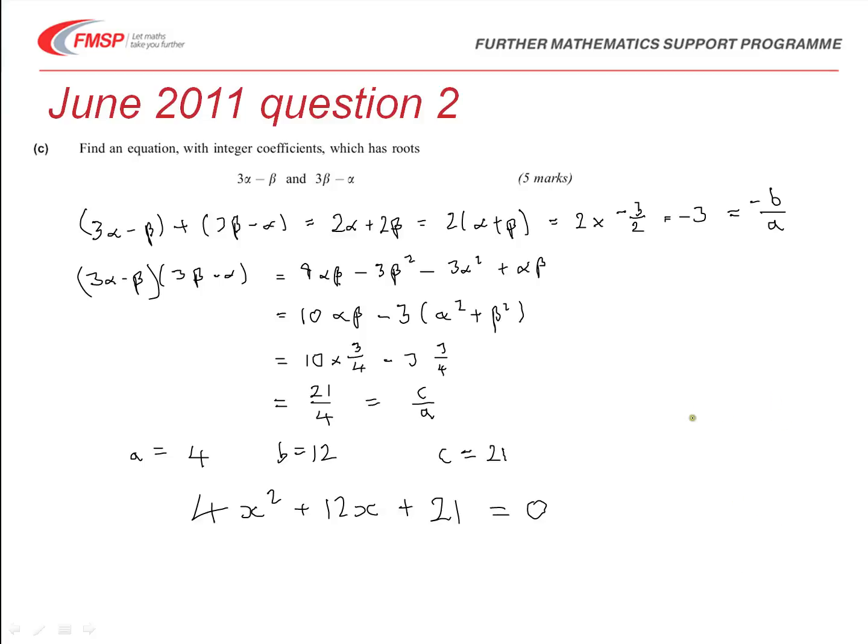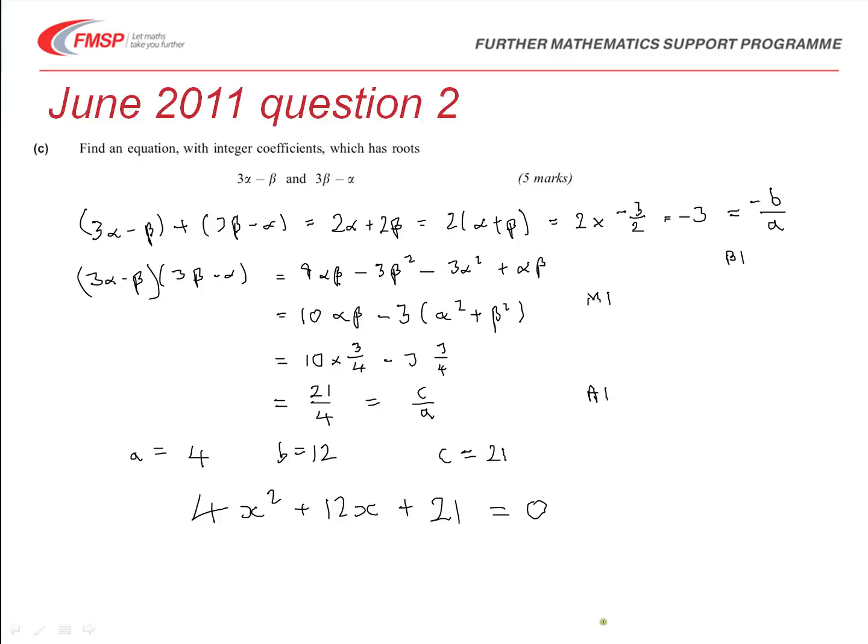Sorted. So, where are we getting the marks? Well, for working out the fact that the sum of these roots is equal to -3, I'll give you 1 mark. For working out, using an appropriate method, the method being the key thing here, with the collection of terms after you've multiplied out and factorising it, and then obtaining the correct value will give you an accuracy mark.